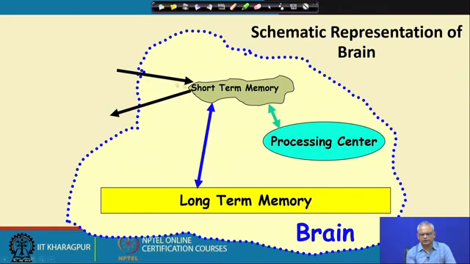The short term memory gets the observation, looking at the clock and so on, 10 a.m., and then the processing center where some computation can be done and the answer is given.